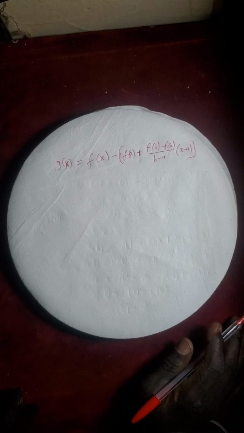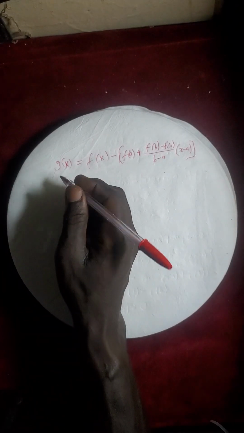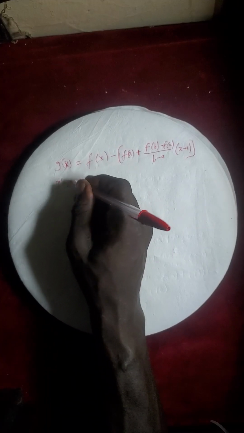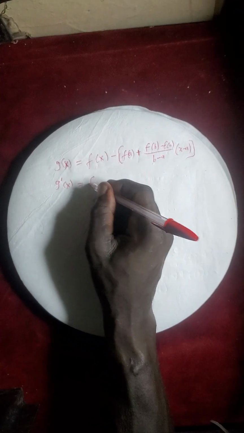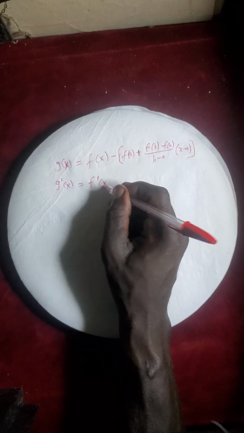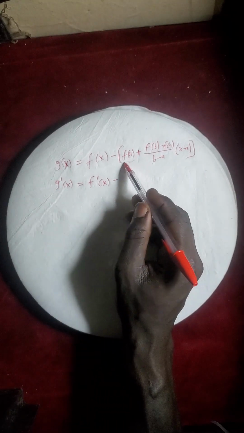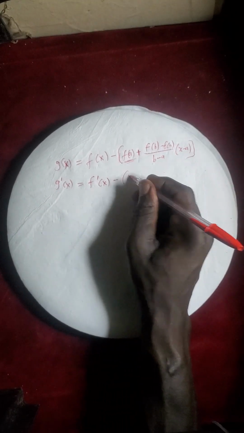So wherever there is x, differentiate. When you differentiate, I know by now you know what it means. You just put a prime there. Whatever function is having x, just put a prime, it means it has been differentiated. Where there is no x, the answer is 0. Here there is no x, so the answer becomes a 0 inside.